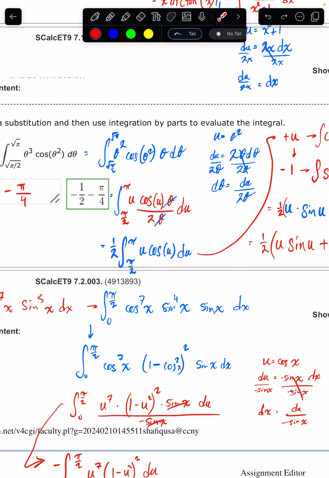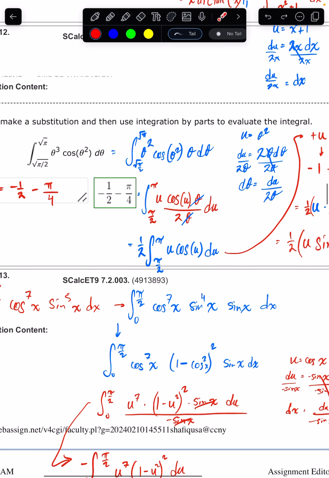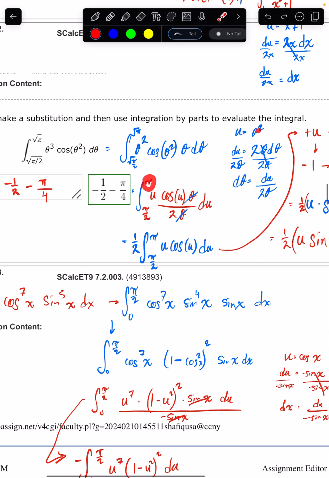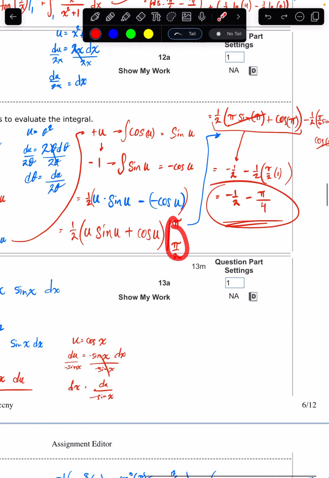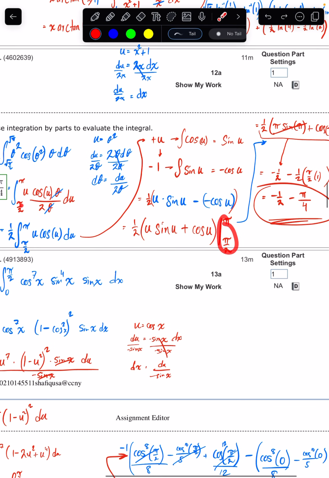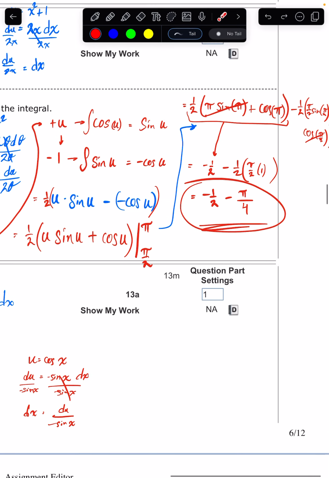So if we plug in our x values into theta for u, we get theta squared, which is, no, square root of pi squared is just pi, and square root of pi over 2 squared is just pi over 2, right? And then we carry this value on forward and just keep our u value, and then you just simply plug in after that.